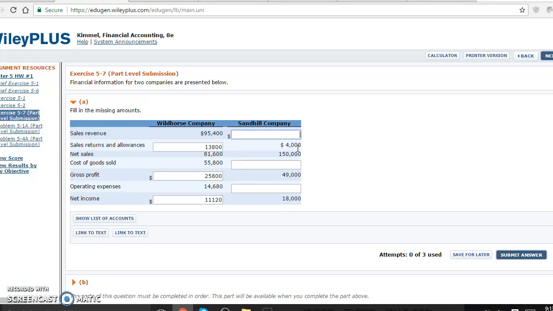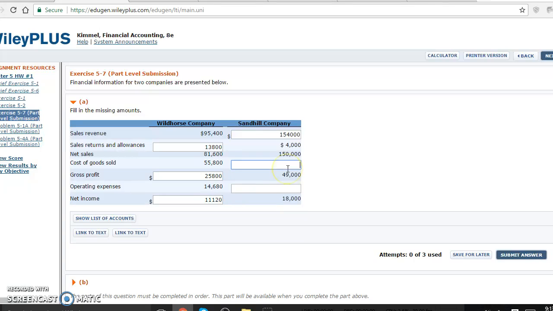Sorry, we will not subtract. We're summing this up. My apologies. So it's $150 plus 4,000. It will give us the sales revenues. So this will be 154,000, which makes the sales revenue minus the sales returns and allowances $150,000.